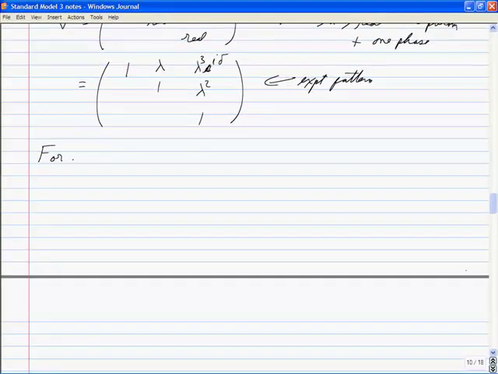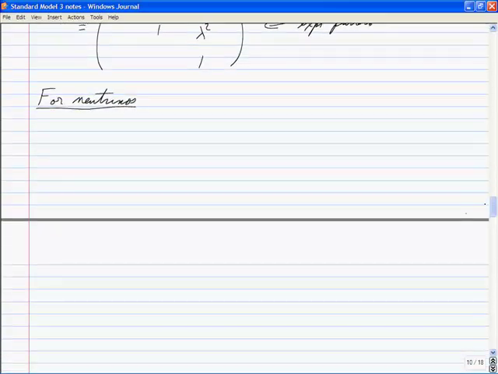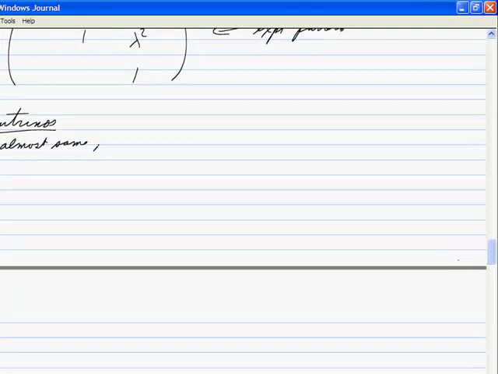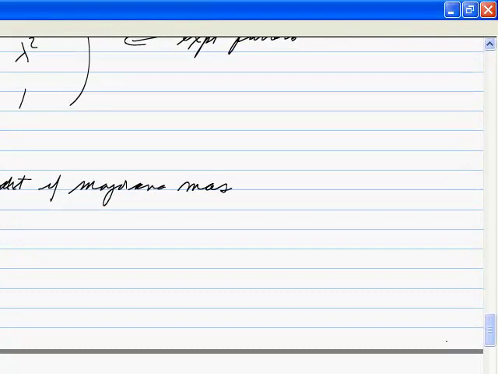Again, for neutrinos, the story is a little different. It's almost the same, but if there's a Majorana mass, then you can't do all the rephasing.